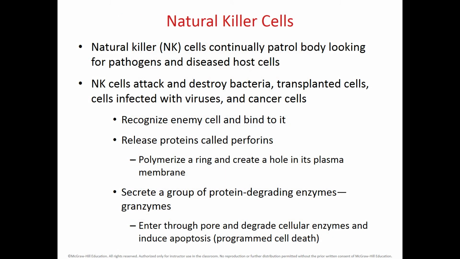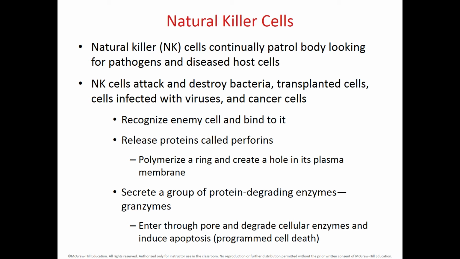Now, the NK cells, the patrolling cells of our body, are always looking for anything wrong in our body, in search of pathogens, cancer cells, virally infected cells, transplanted cells as well. Once the NK cells find something wrong, they will bind to the abnormal cell and release proteins called perforins.